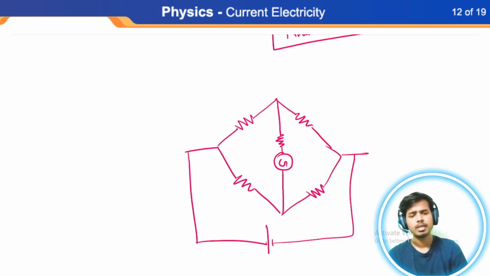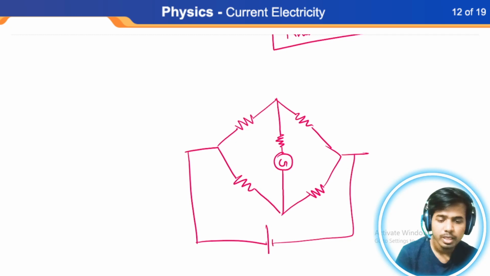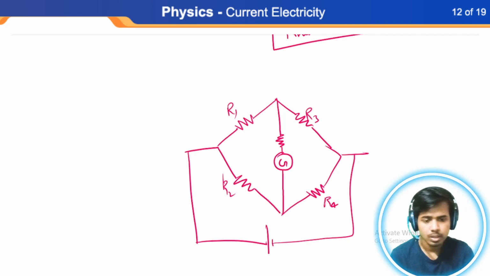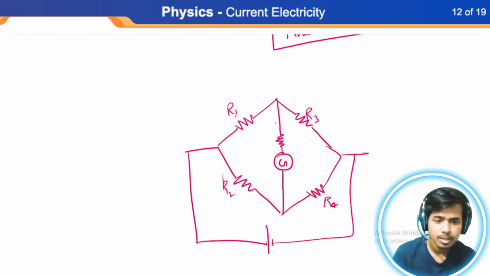If you actually apply Kirchhoff's circuital equation and the loop law, then you will come to the conclusion. Let's say this is R1 and R2, R3 and R4. The current flowing through this is I5.